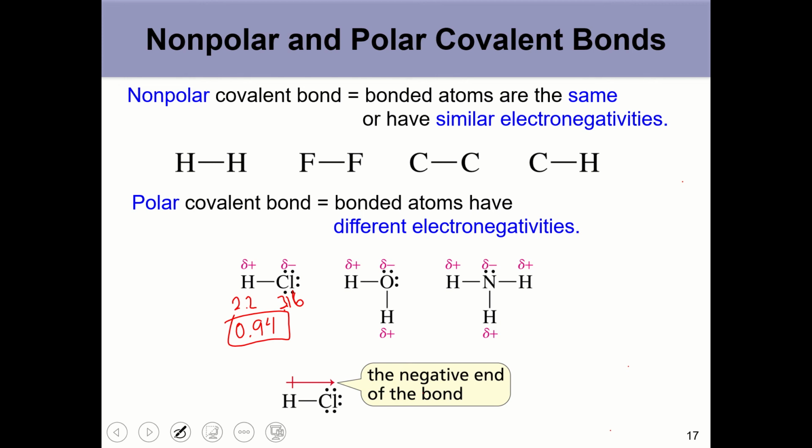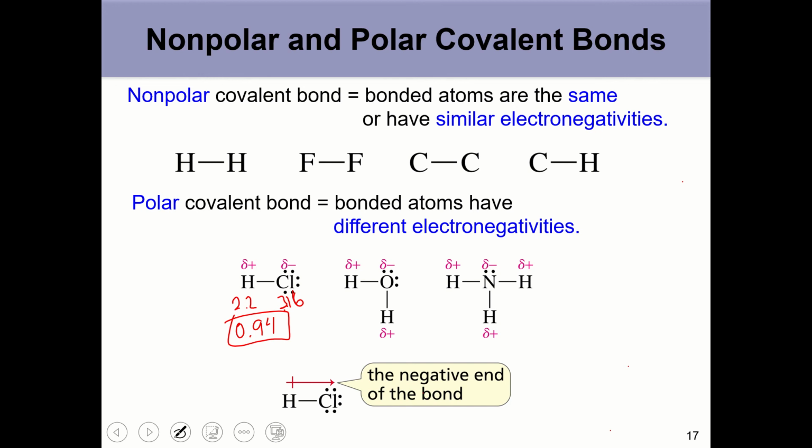Okay, but when we have a polar bond, we can write that one atom has a partial positive compared to the other atom, and that is based on the value of electronegativity, which is in the periodic table that you have access to. So you should be able to write in which atom is more negative than the other based on the value of electronegativity.